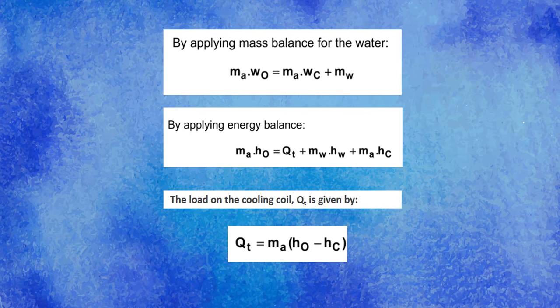We take out this MW, HW, the energy content of the condensed water vapor, and we only account for these two so that we can determine the cooling coil load. Now, in here you can see that you have enthalpies HO and HC representing the initial and the final enthalpies of your air-water vapor mixture.